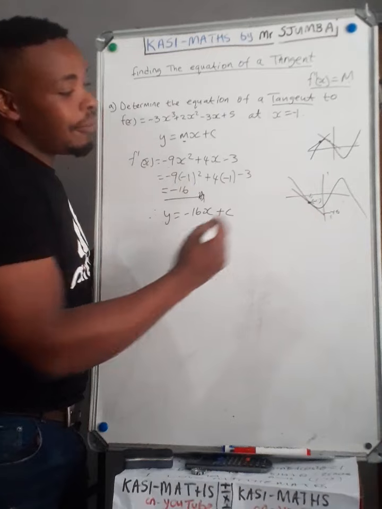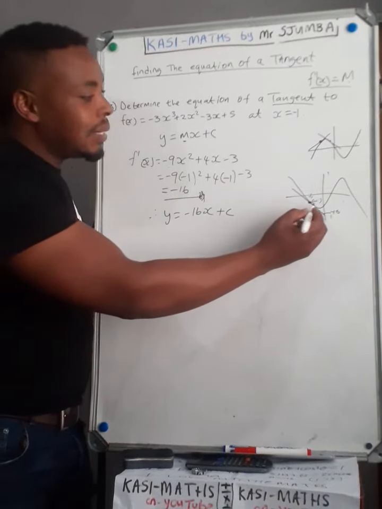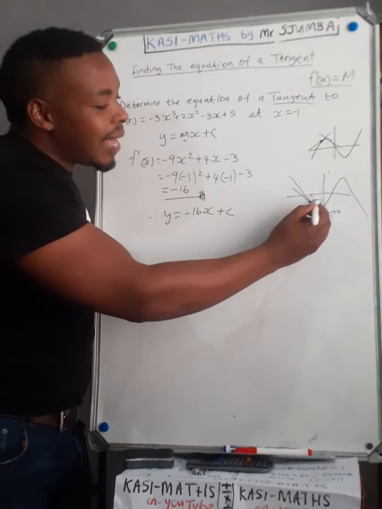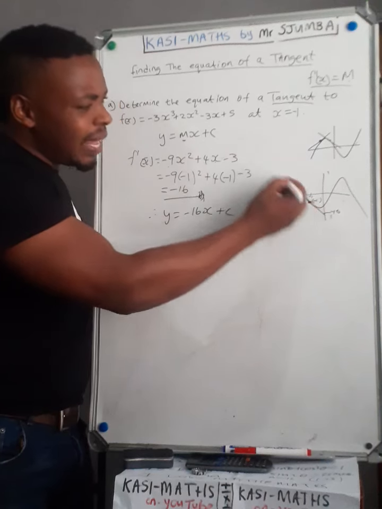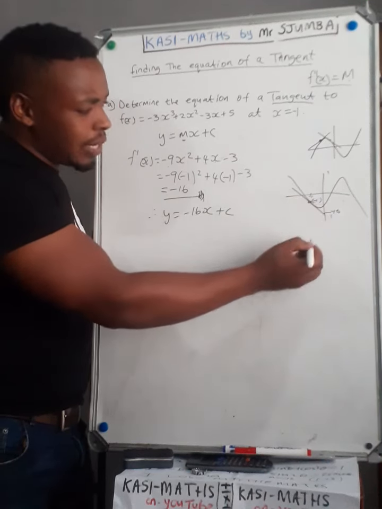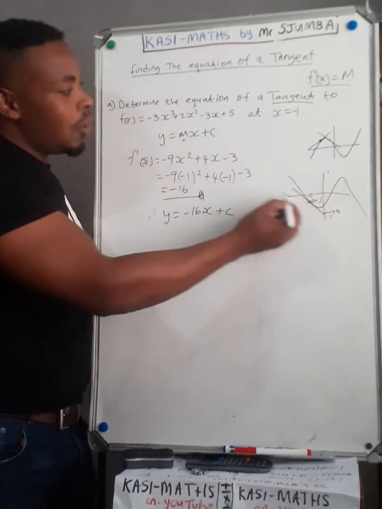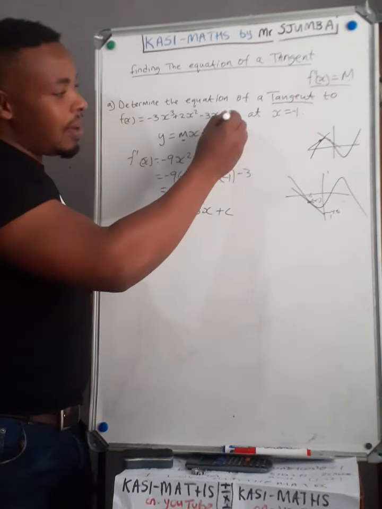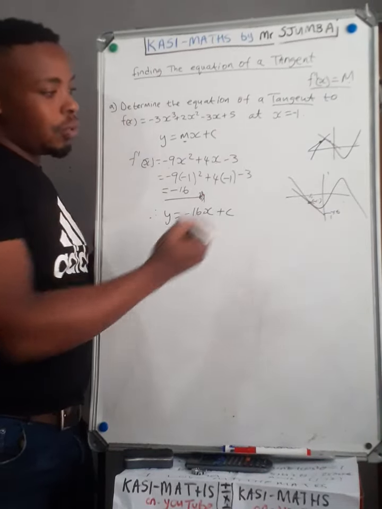But now we don't have a full coordinate, though we do have the x value, minus 1. So if we substitute minus 1 into f, we can get that point.